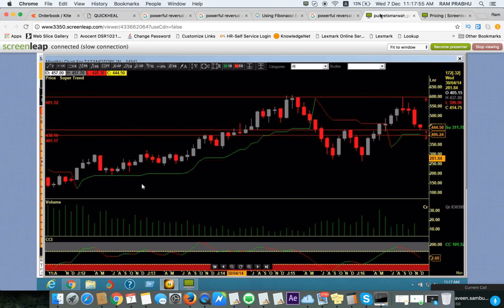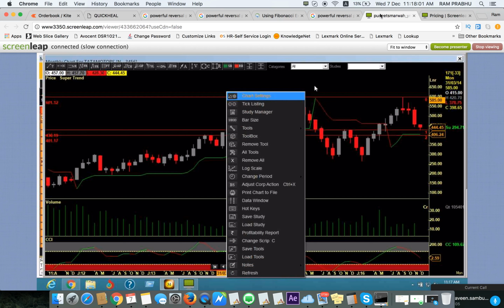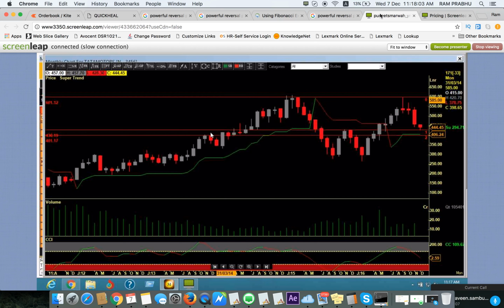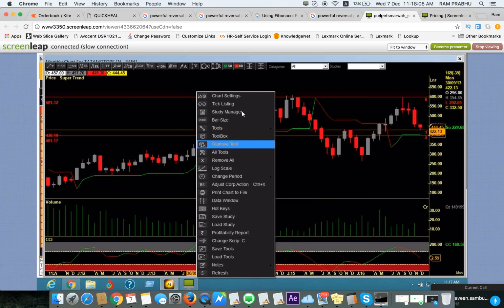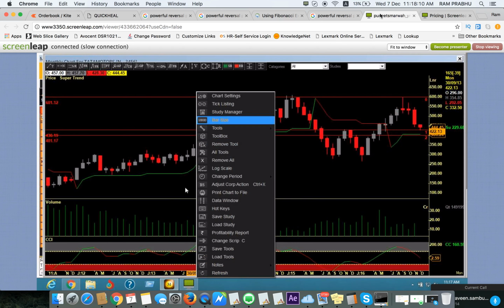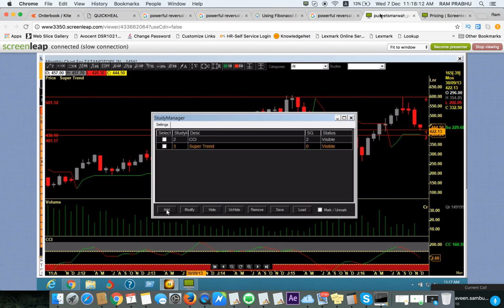I have also put this super trend line. It's again a very good parameter to describe the movement of the chart. There are many parameters you can add, but I like the averages.